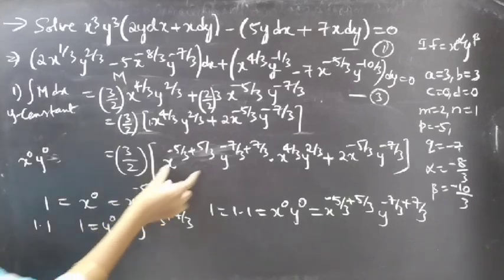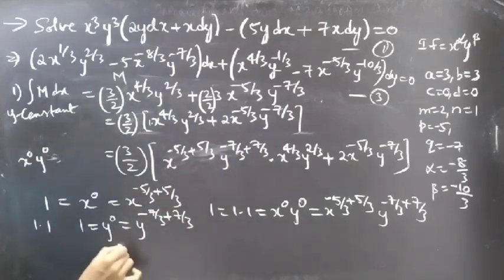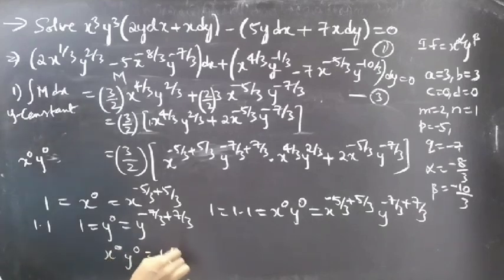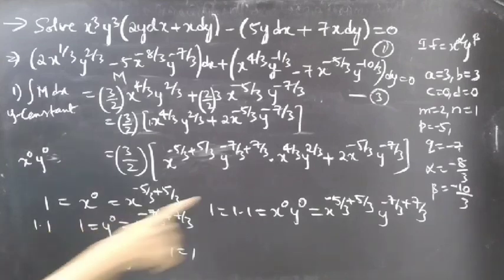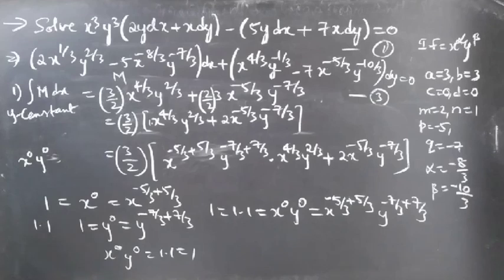Okay, see, this gives us x power 0, y power 0, and x power 0 into y power 0 is 1 into 1, which gives us 1. Again, 1 into x power 4 by 3 y power 2 by 3 gives the same term.